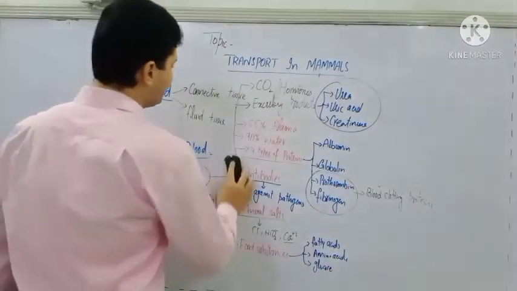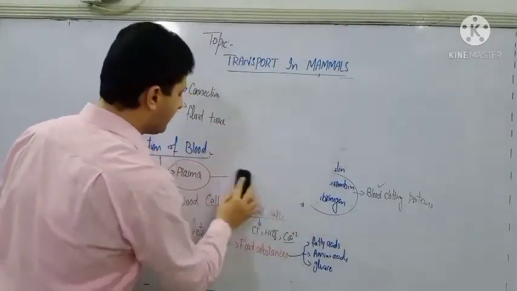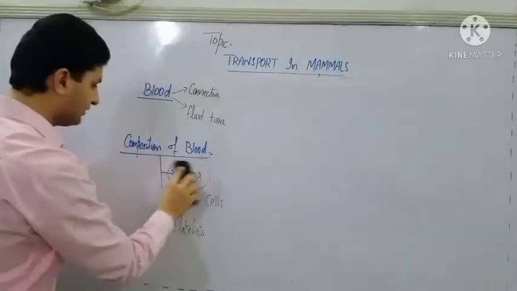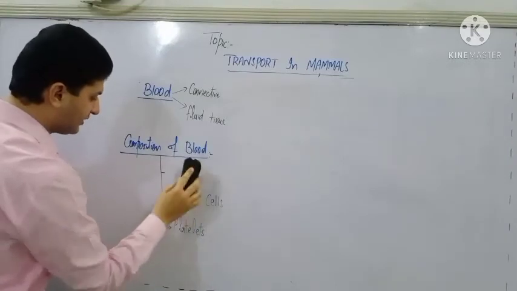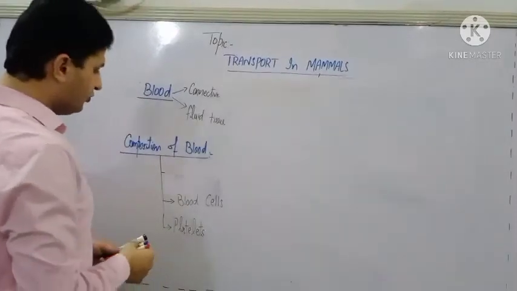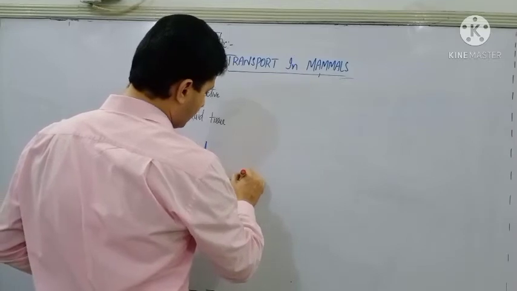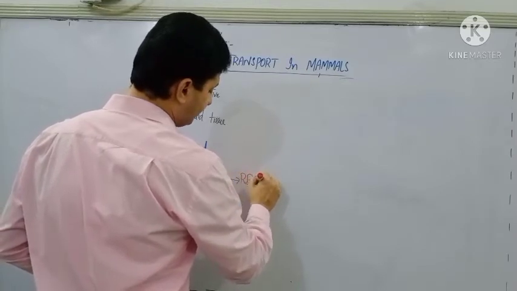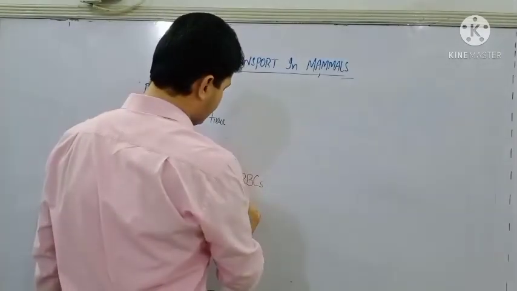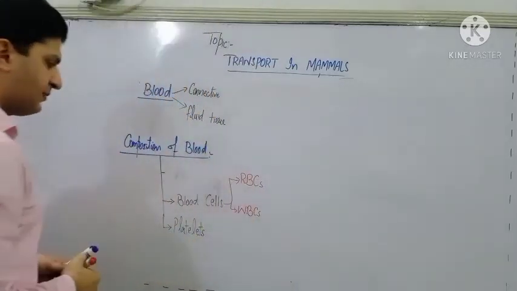Then we are going to discuss the other part of the blood, that is blood cells. We know that there are two major types of blood cells: first, RBCs or red blood cells, and second, WBCs or white blood cells.